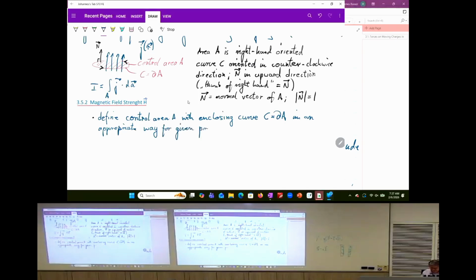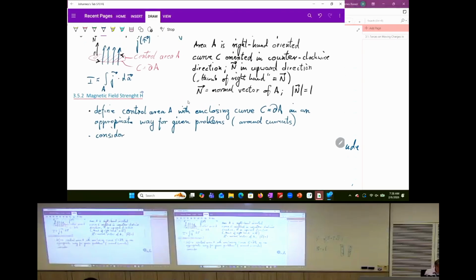So that usually means we have it around the currents, the enclosing curve, so that we want the current flowing through this control area. And then we consider the given current that we obtain by, well, if it is given as a current, or we obtain it from the current density by integrating over the control area.